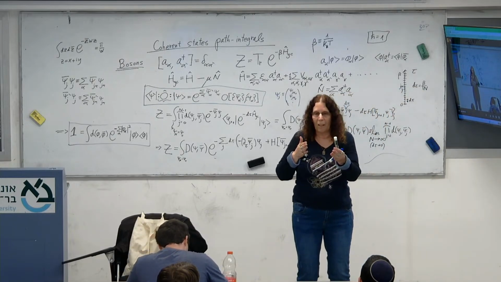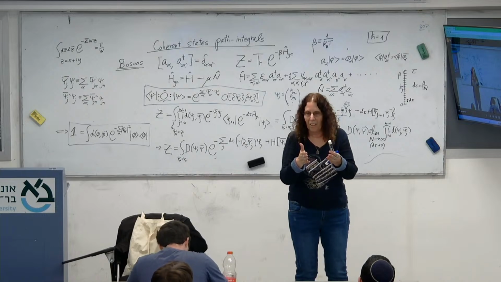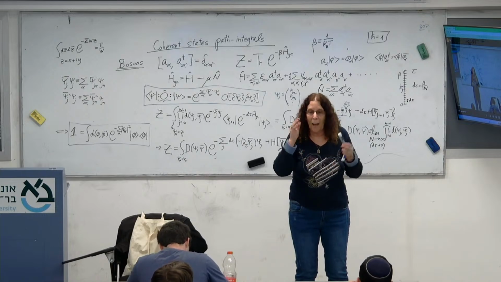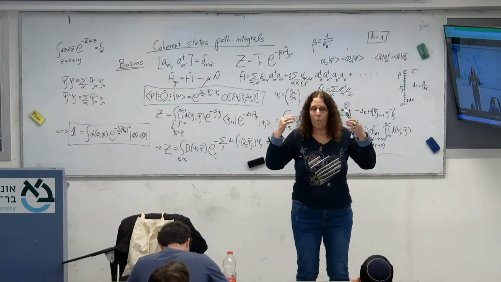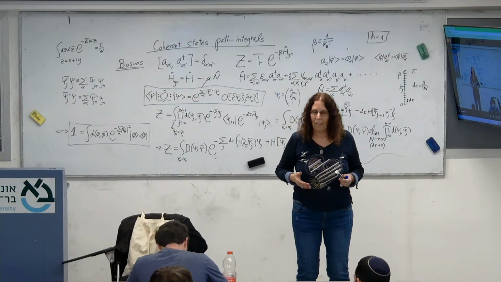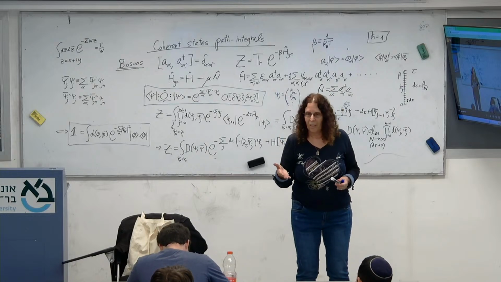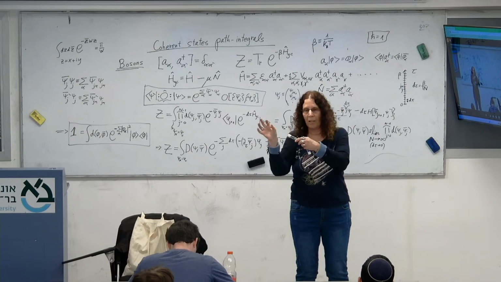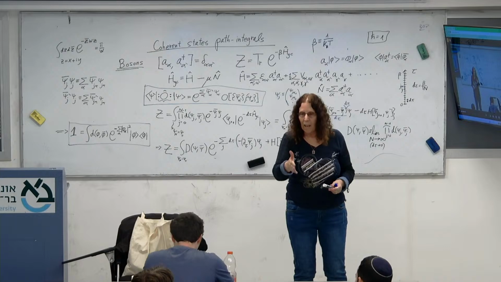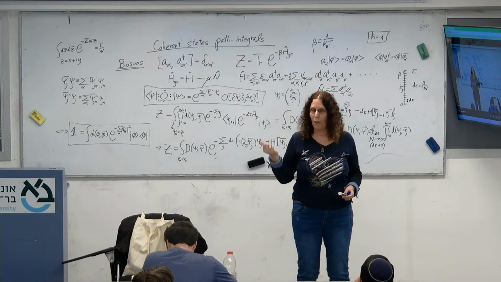I introduced a resolution of identity, and in each imaginary time step I artificially introduced a variable psi j, exactly what we did last week with q and p.